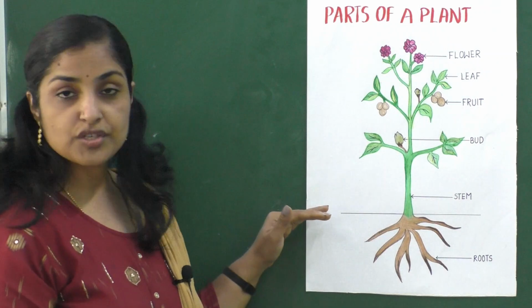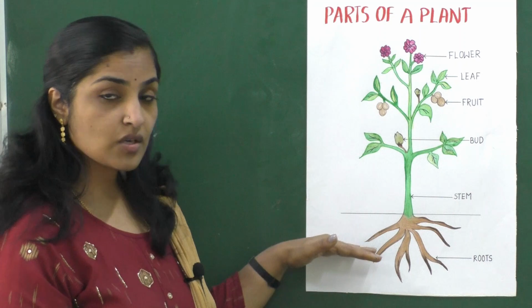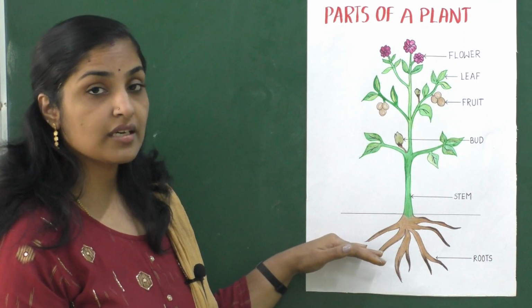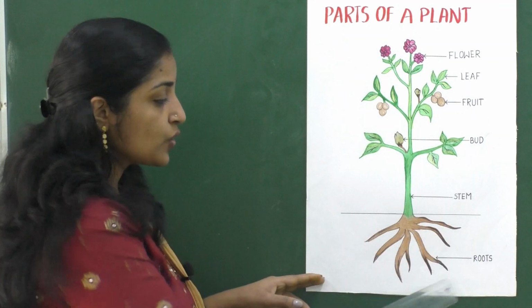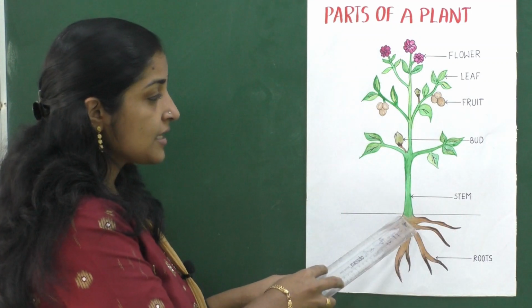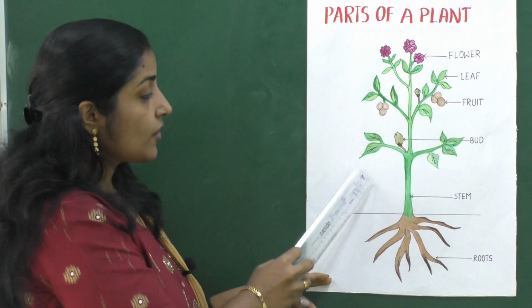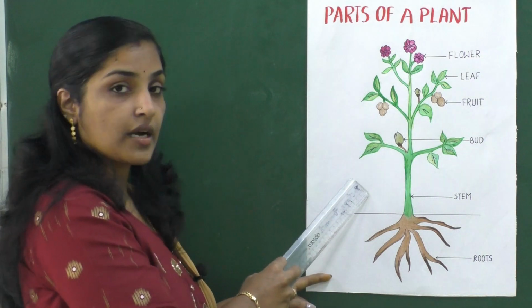You can see here, children, the part which is below the soil, or underground, is called the root part. And the parts which are above the soil, which are visible to us, are called the shoot part.